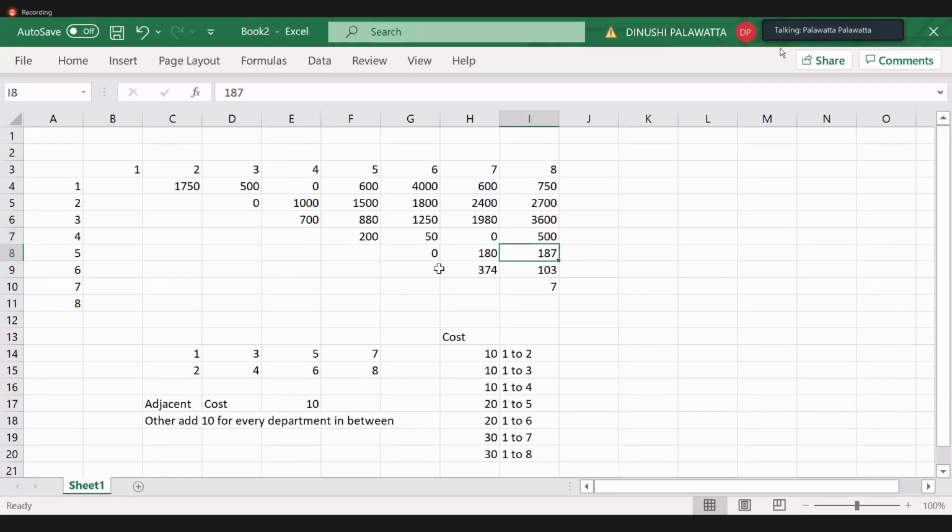And this is 5 to 7. 5 to 7 and 5 to 8 are next to each other. So then we multiply by 10.